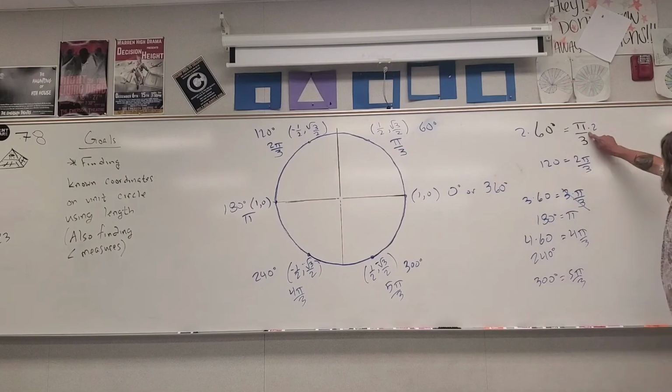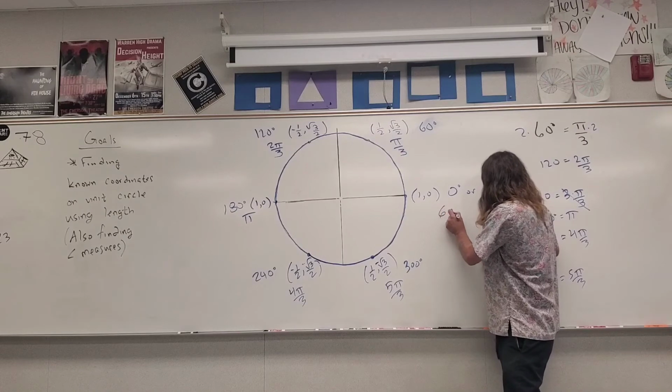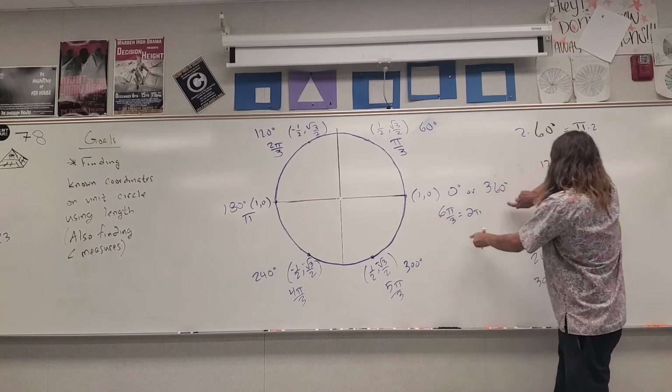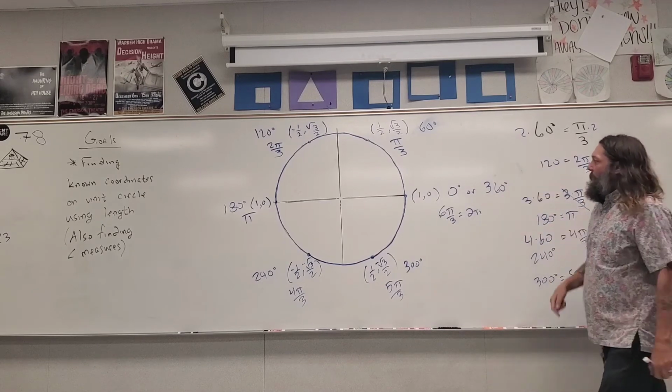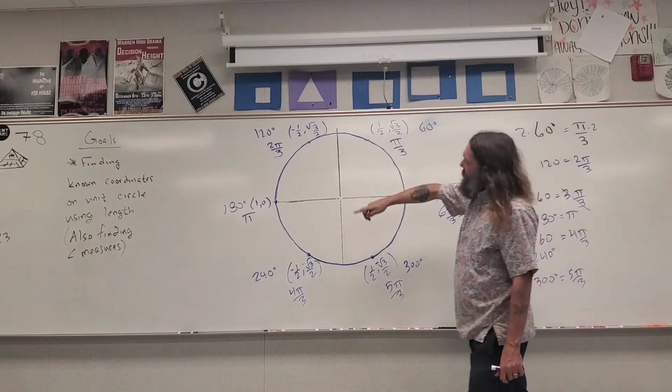Or I have 6 lengths of pi over 3, right? 6 lengths of pi over 3, that becomes 2 pi. And remember, 2 pi is the same as 360 degrees. So it takes me 6 of these lengths on the circle to go all the way around.